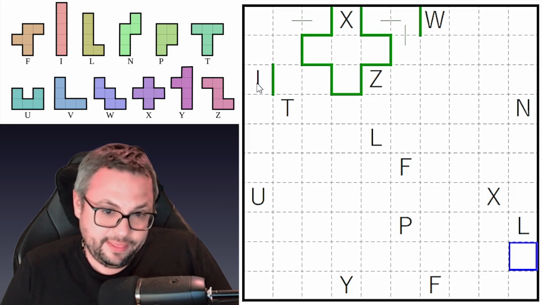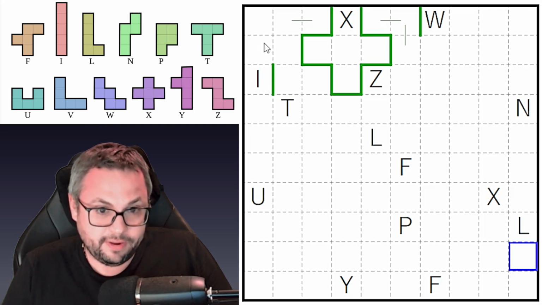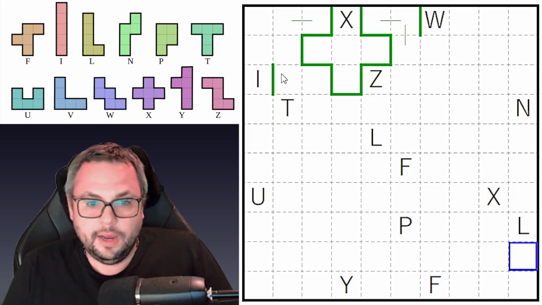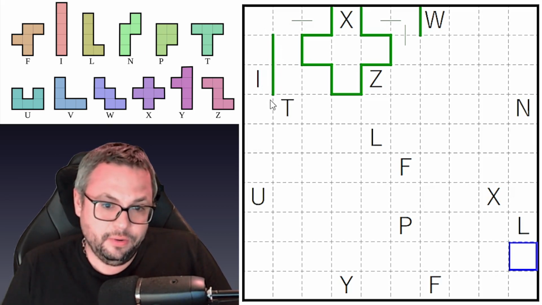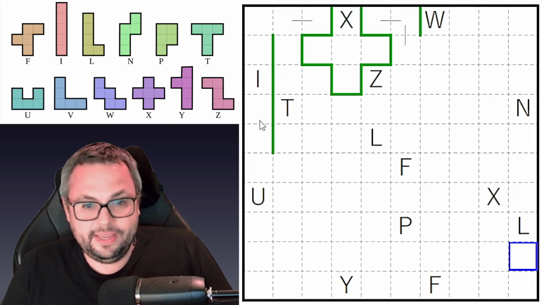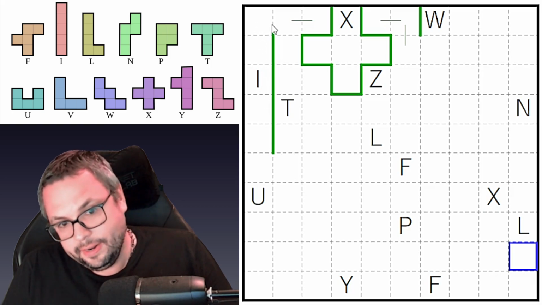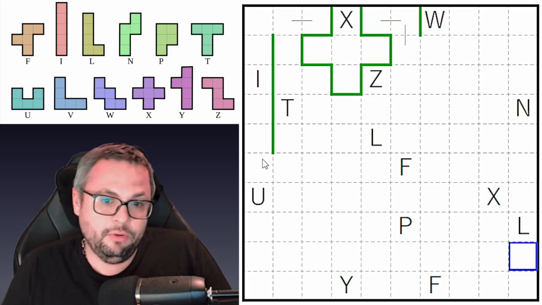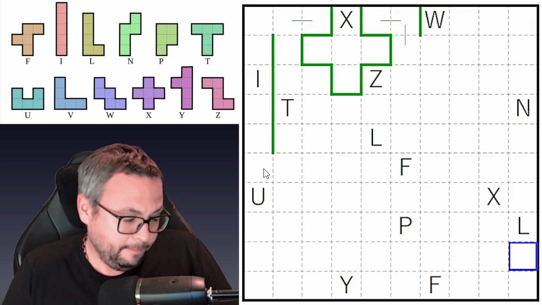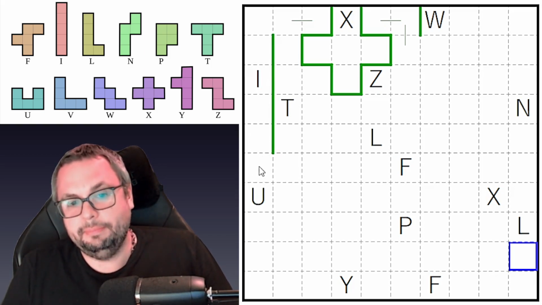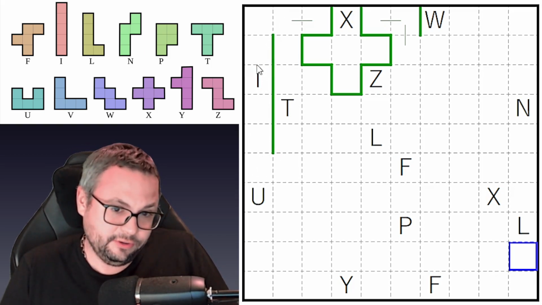But I have to fit, therefore, an I in these, in fact, 1, 2, 3, 4, 5, 6 cells. And that means I need to go basically either up 1 and hang out at the top, or down 1 and hang out at the bottom. Those are really my only options. And in all instances, all of this ends up being part of the I.